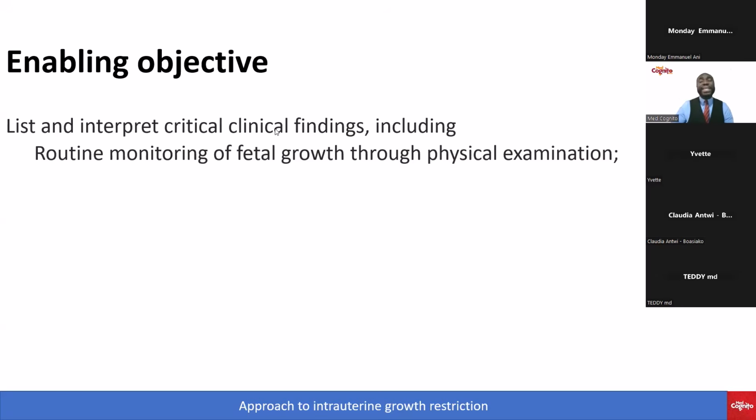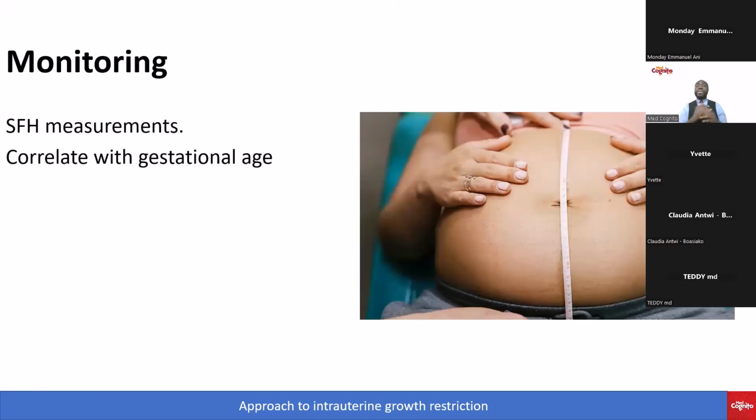So as I said, never say you've reviewed IUGR unless you've ticked all these boxes and you've reviewed all these lines. So how am I going to monitor a patient with IUGR? We need to do regular SFH measurements. When I say SFH, what I mean is symphysiofundal height.